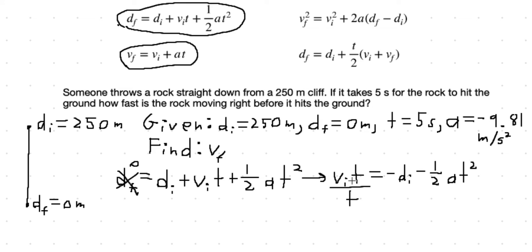So then the T's on the left cancel, and I have a division by T on the right side. So now I know what VI is in terms of all the given variables, so I can plug in those given variables then.